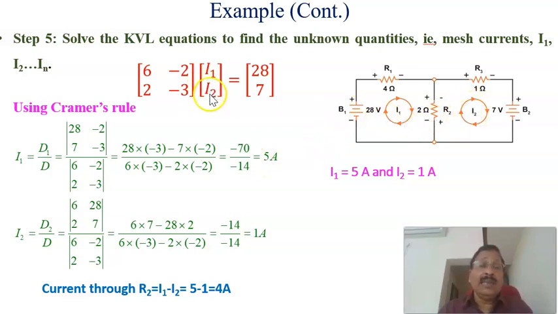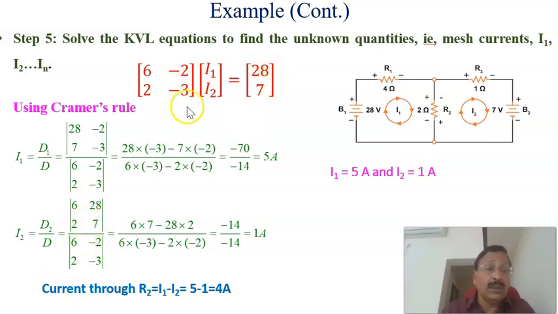Similarly, we can calculate the mesh current I2 using Cramer's rule. I2 equals D2 divided by D. D is the same, the determinant of the coefficient matrix, 6, minus 2, 2, minus 3. D2 is obtained by replacing the second column with the voltage vector, so minus 2 and minus 3 are replaced by 28 and 7.